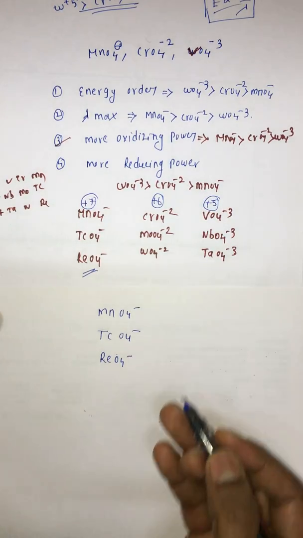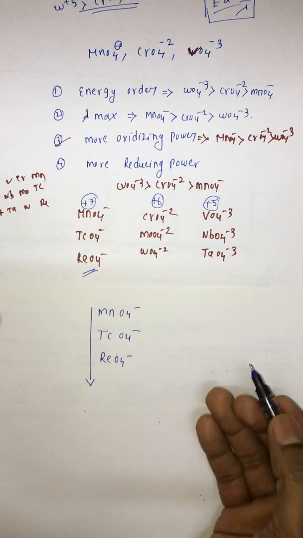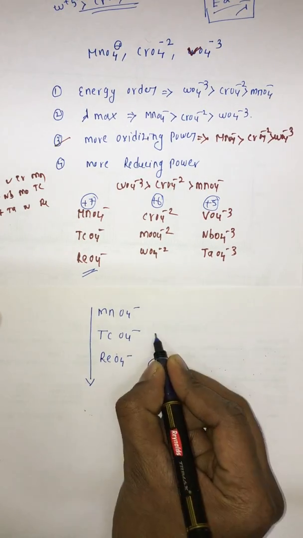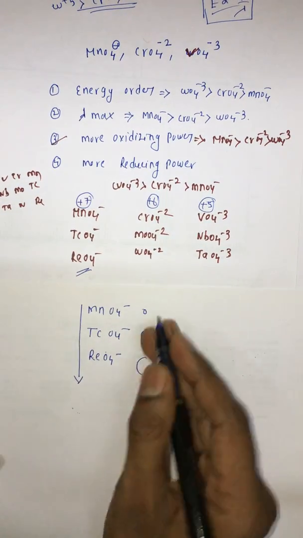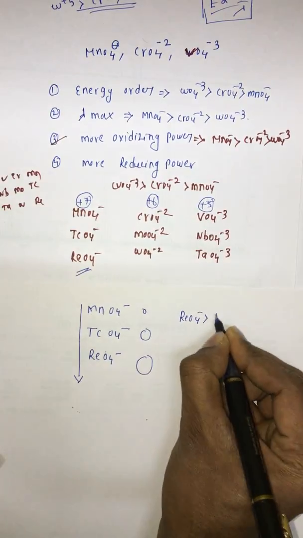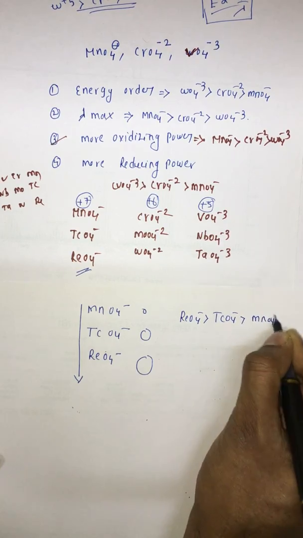In all the cases, the oxidation number is plus 7, but from top to down the size increases. So this size is less, this is more, and this is even more. Now if they ask the energy order, ReO4 minus will be highest, then TcO4 minus, then at last MnO4 minus.